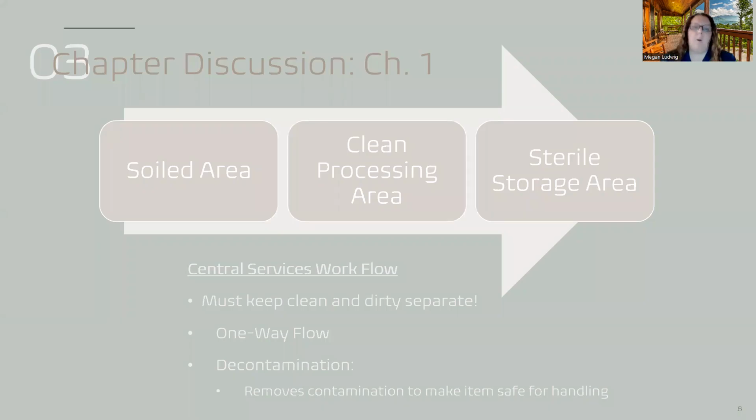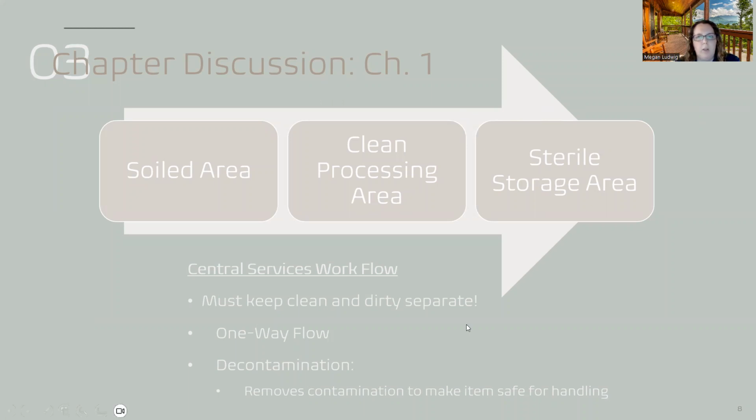All right, so a little bit about the sterile processing area. We're going to consider it as having 3 areas. Okay, so there's going to be a soiled area in the decontamination part. There's a clean processing area after it's been cleaned in the soiled area. And then finally, once it's gone through the clean processing, your instruments or supplies will go to the sterile storage area.